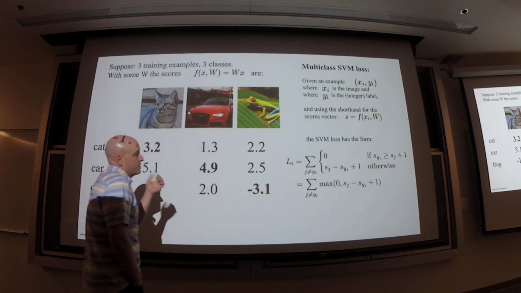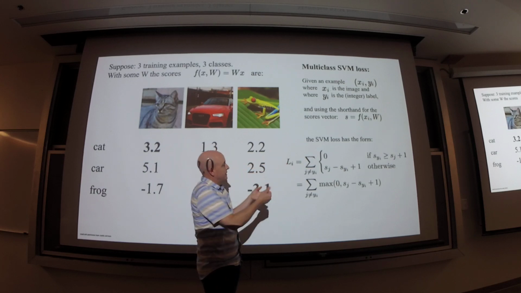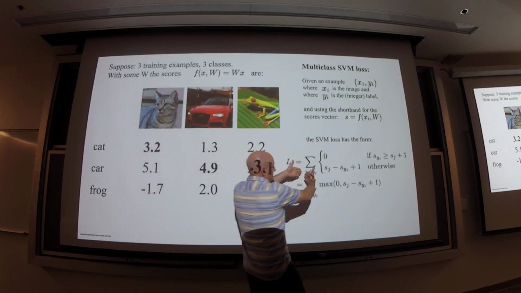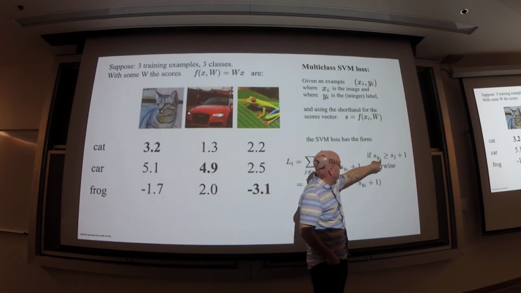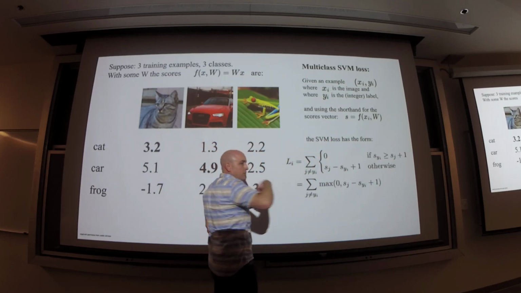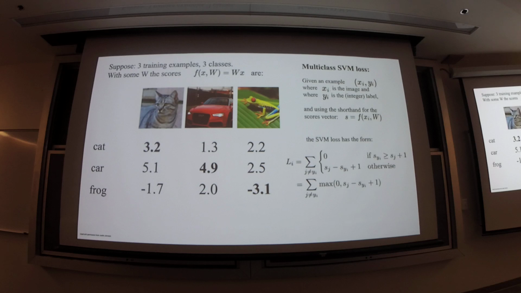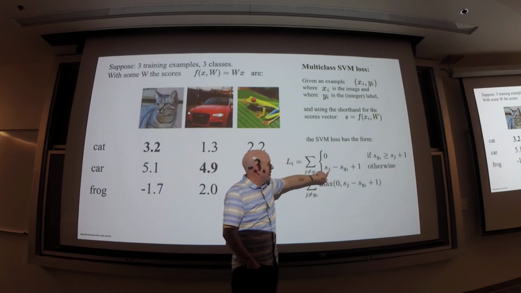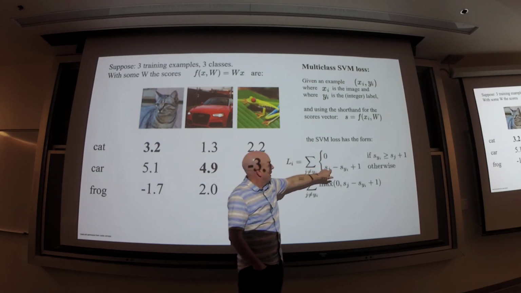So the setup is the following. For our data point or example i, this is going to express our loss. Remember that yi is the correct label for our example, and j is just going to range over all of our possible labels. We just think of our labels as being integers 1 through 10 if we have 10 classes, and s is the score that our score function is giving to that particular class.